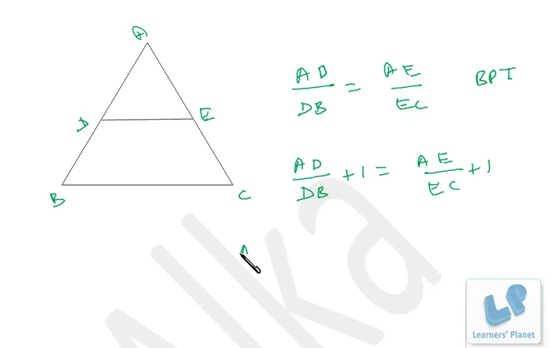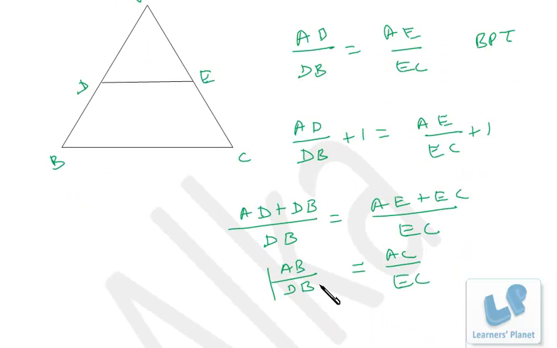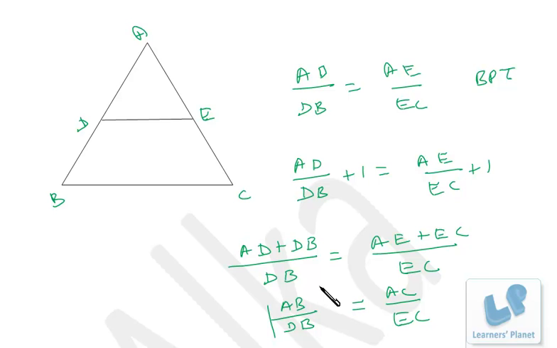If I take LCM, AD plus DB by DB is equal to AE plus EC by EC. Now AD plus DB is AB, so AB by DB is equal to AE plus EC, which is AC, by EC. So that is also going to be an important result, right?